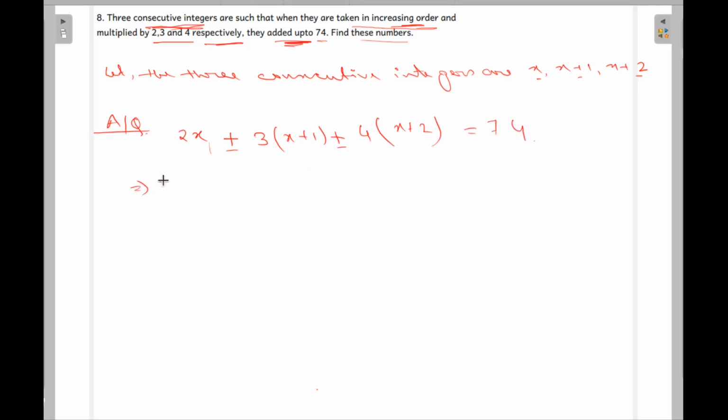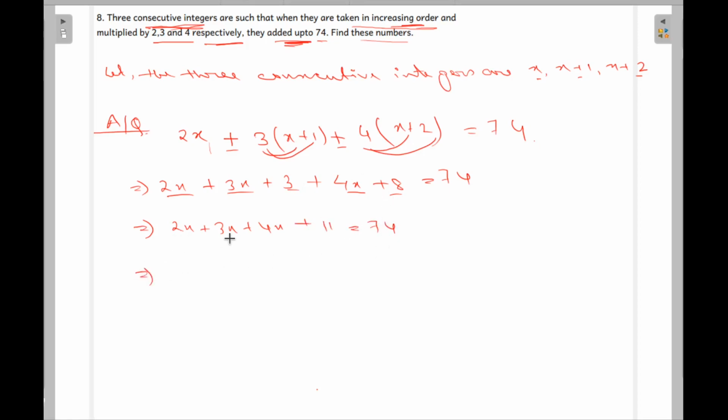Now we just have to solve it. 2x plus 3x plus 3, plus 4x plus 8 equals 74. Now we have to take the variables together: 2x plus 3x plus 4x, and the numbers together, 8 plus 3 is 11. 2, 3 and 4 make 9x, so 9x plus 11 equals 74.